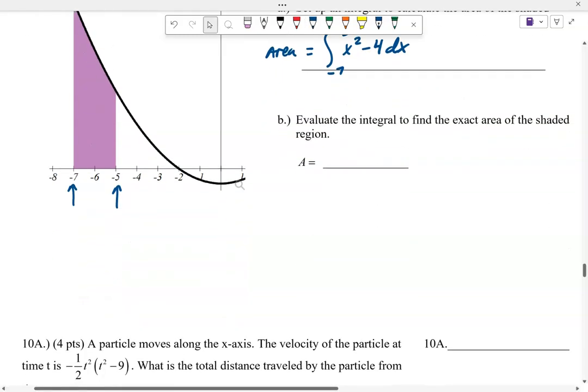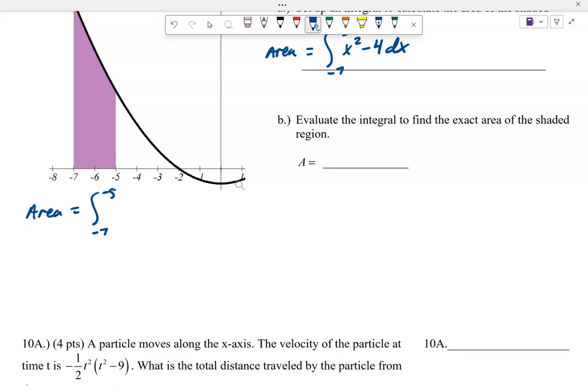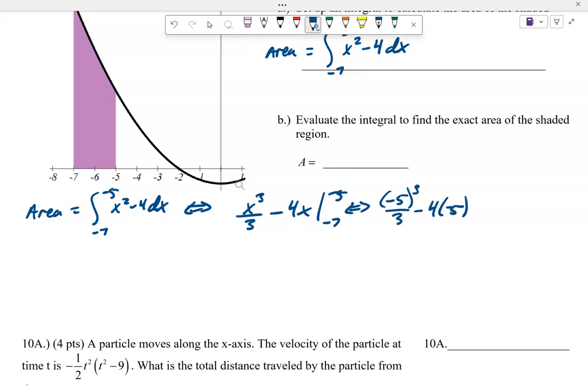Let's go ahead and go down here and find this area. So you should get x to the third over 3 minus 4x from -7 to -5. So let's plug in -5 cubed over 3 minus 4 times -5, minus, now we're going to plug in the -7.